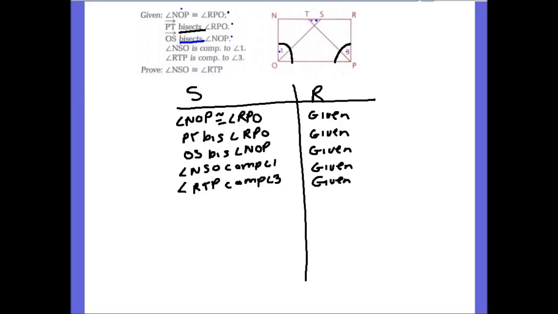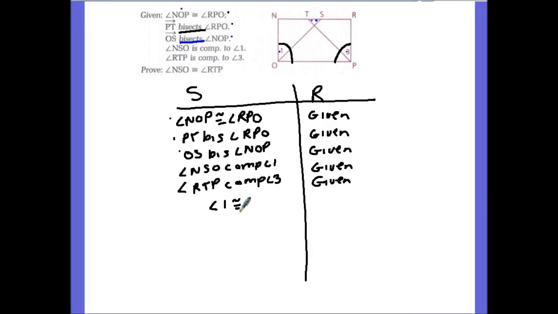Now, we're going to start talking about just using these first 3 givens. Again, we knew the big angles, we knew keywords about those big angles, so we're going to try and carefully select, using the division property, angles that are going to help us move forward. Now, we have an angle 1 and an angle 3. Let's say they're congruent.